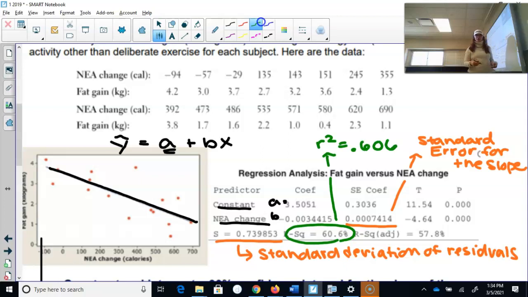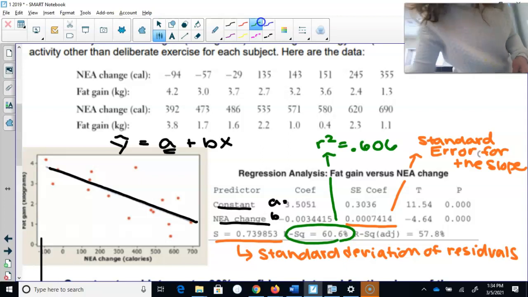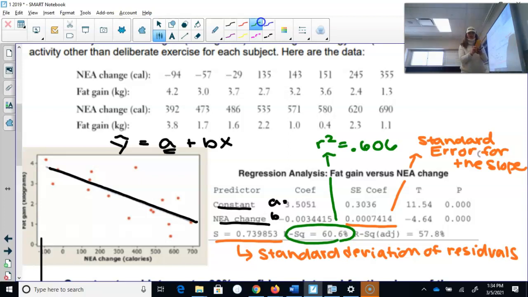Well, in order to find R, all I want to do is take my calculator and use algebra, and I want to find the square root of that. So I'm going to take the square root of 0.606, and I get 0.7785. So R is equal to 0.7785.